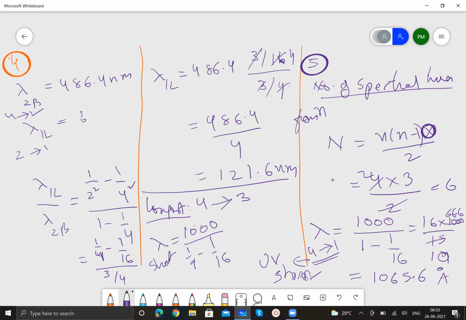Please simplify it. 4 to 3, neighboring orbits, lesser energy, so longer wavelength. Longest. The earlier one has more energy, shortest wavelength.